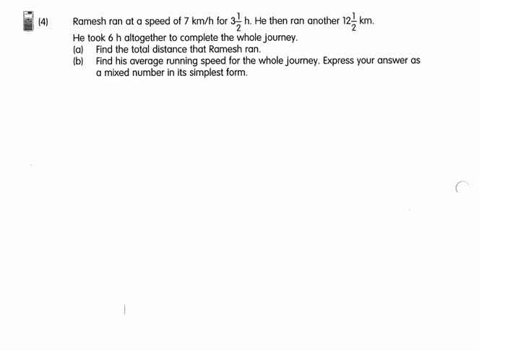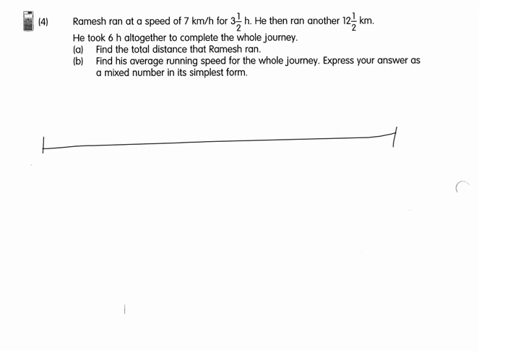How many parts are there to the journey? 2? Do you all agree with her? There are 2 parts of the journey. The first part is when he ran for the first 3.5 hours at 7 km per hour. And the second part is 12.5 km.